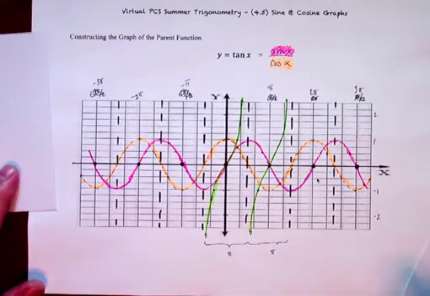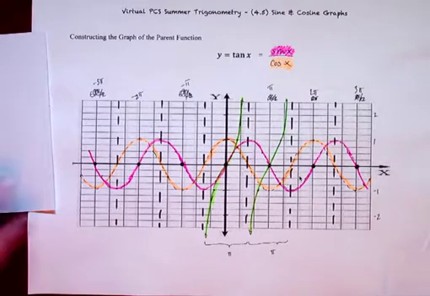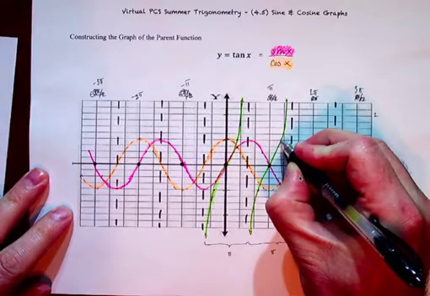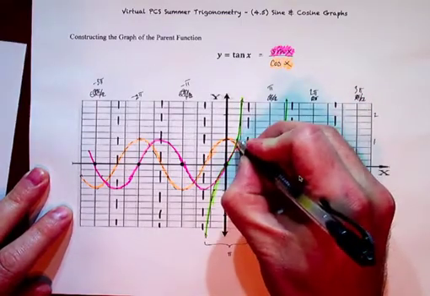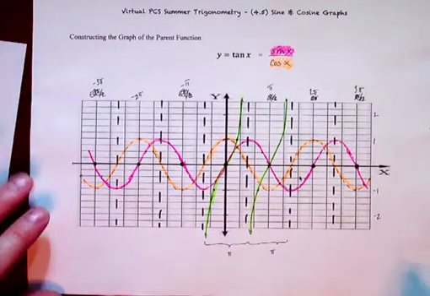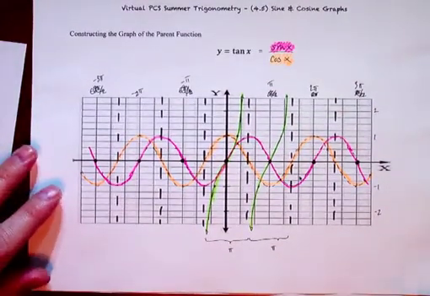move forward. Now, that was a really belabored way of explaining why the tangent function has the shape that it has. But before we move on to a couple of transformations, I want to basically emphasize the fact that these points that we plotted, these points are the ones that are going to be significant in terms of transformation, right?